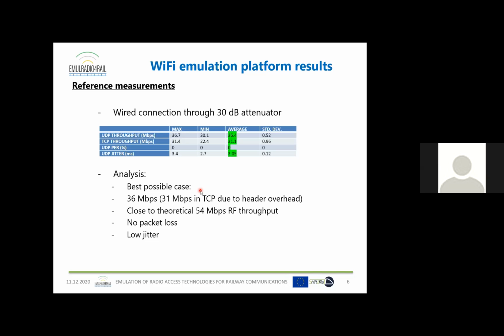We have measured all the KPIs that I have just mentioned, and we can see that the best achievable case would be 36 megabits per second in UDP that gets reduced to 31 megabits per second in TCP due to the header overheads, which is quite close to the theoretical 54 megabits per second that can be achieved by this Wi-Fi at RF. As there's no channel, no perturbance, we have no packet loss, and the jitter is quite low.